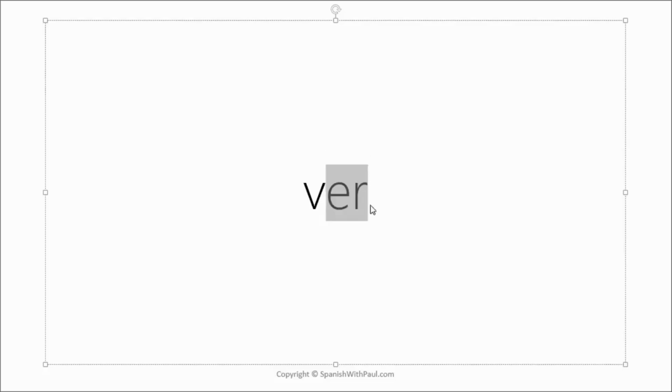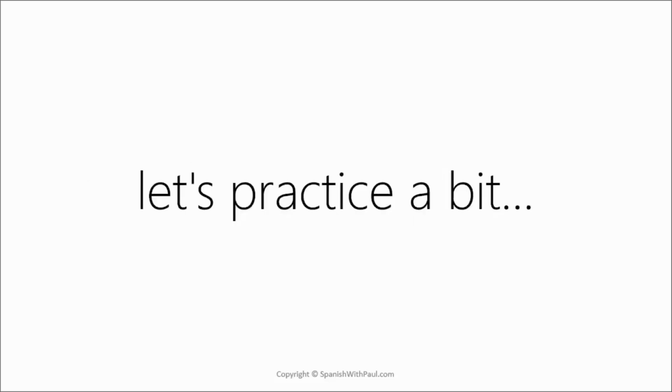We have an ER verb here, so this does not go to the ido sound. Instead, it goes to visto. Now, there are many more of these, so we need to be careful. And some of them we're going to have to learn just on a verb by verb basis because they're a little bit special. So let's practice a bit with this.